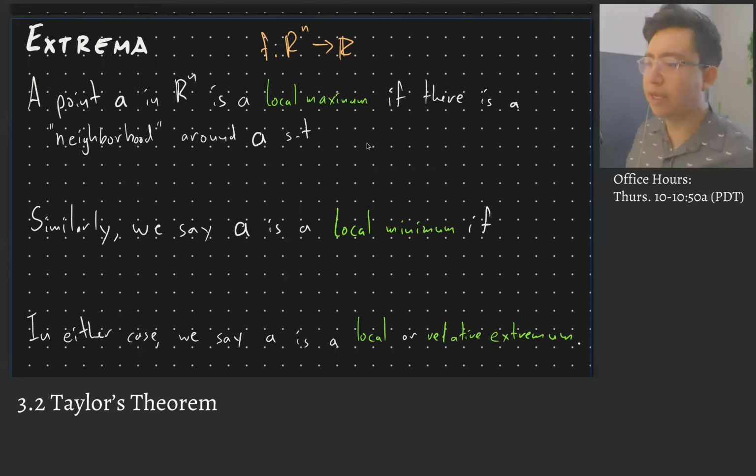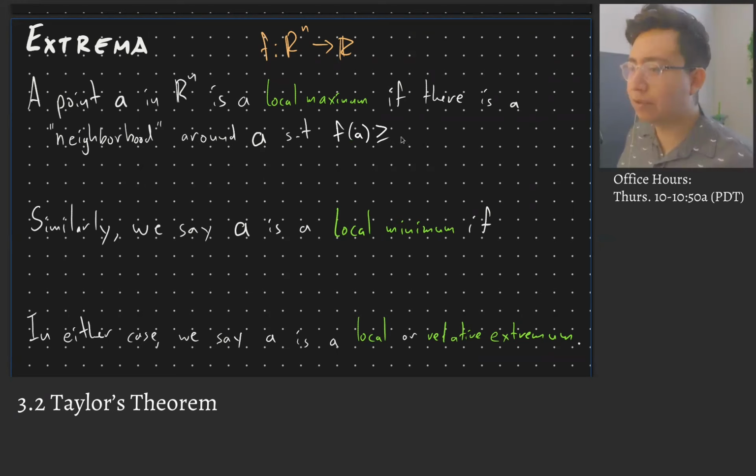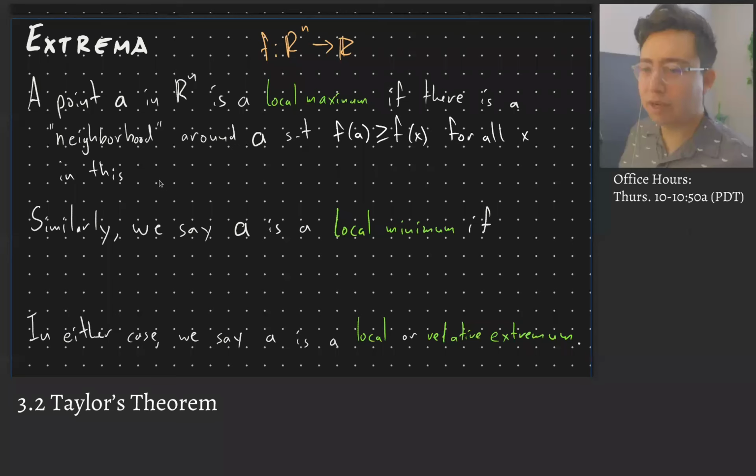And we're going to say a point A in the domain of this function is going to be a local maximum if there is a neighborhood around A such that f of A is bigger than or equal to f of x for all x in this neighborhood.